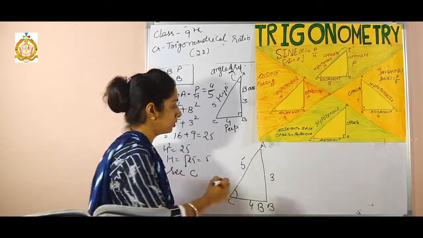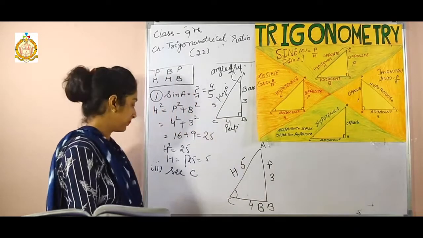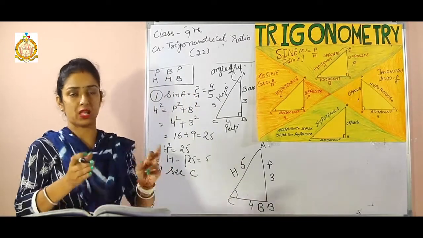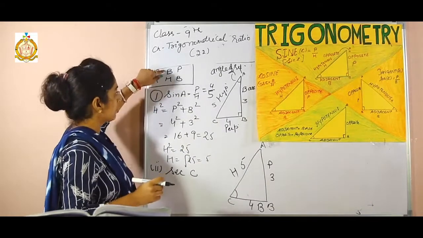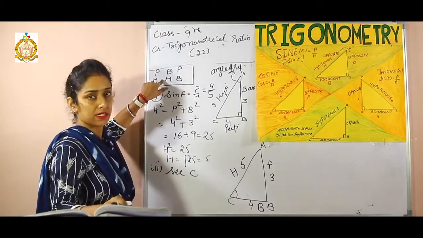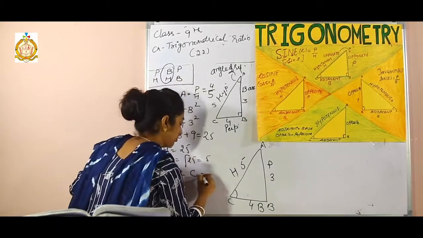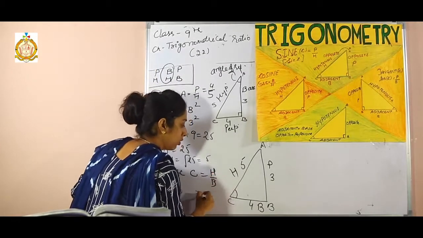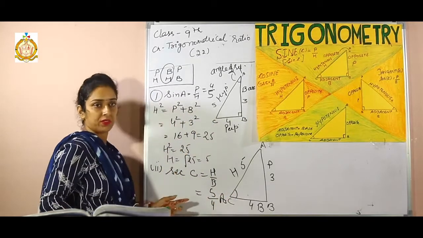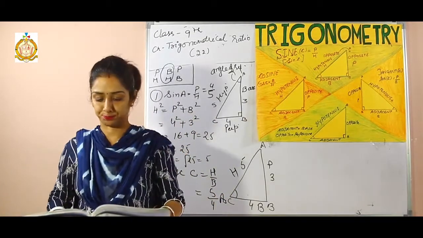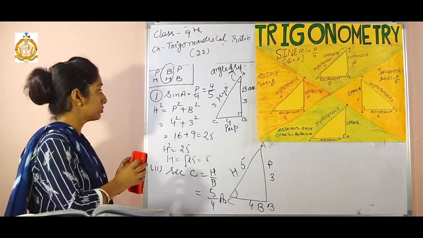And what is the perpendicular? That is this one. And what is the hypotenuse? That is this one. Now secant C, that is the opposite of cos theta. We can say cos is B over H. So what is secant? That is H over B, the reciprocal of this term. Now what is H? H is 5 and what is the base? Base is 4. 5 over 4 is your answer. It's very simple, right? Come on, the second question.